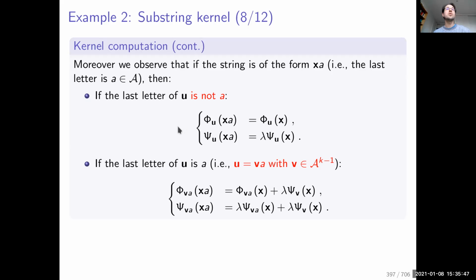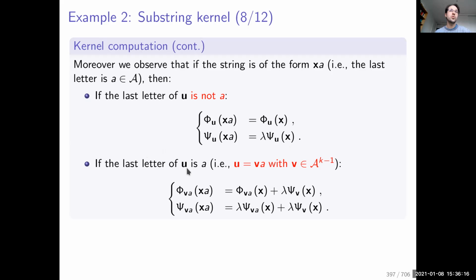But given these previous definitions, phi u and psi u, it turns out that if you add a letter a, and the last letter of u is not a, then we have this relation. We also have this other relation that relates psi u of x plus a letter to psi u of x without this letter.